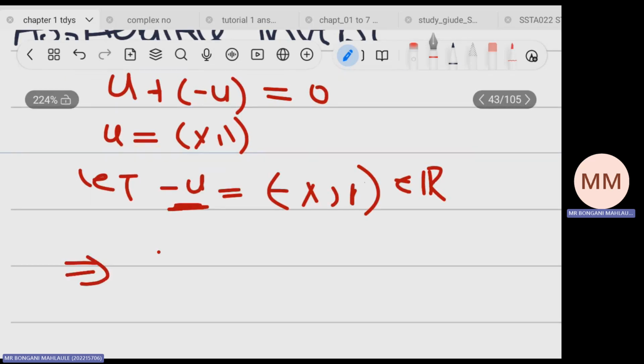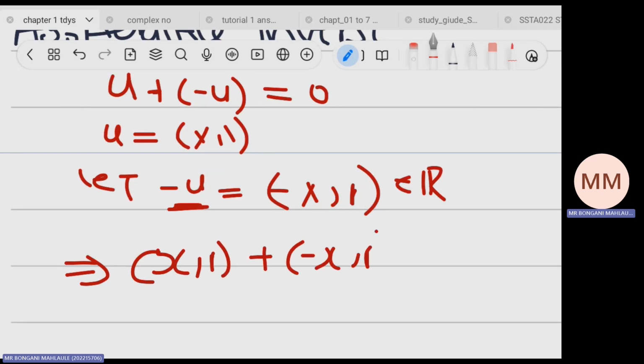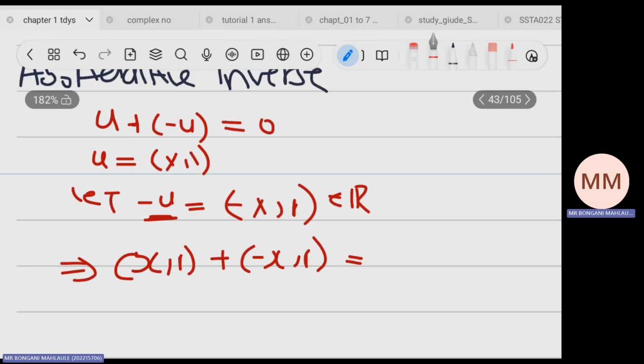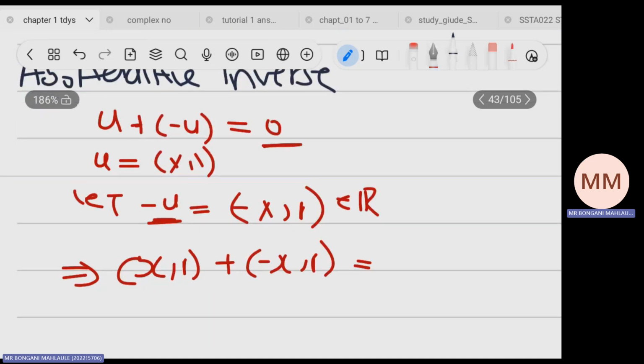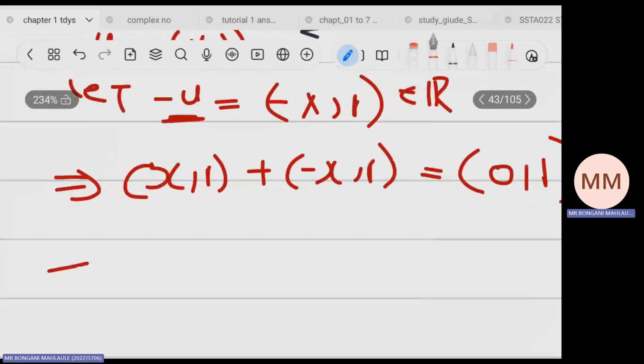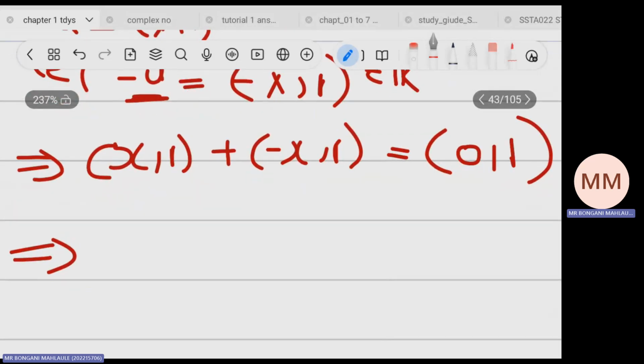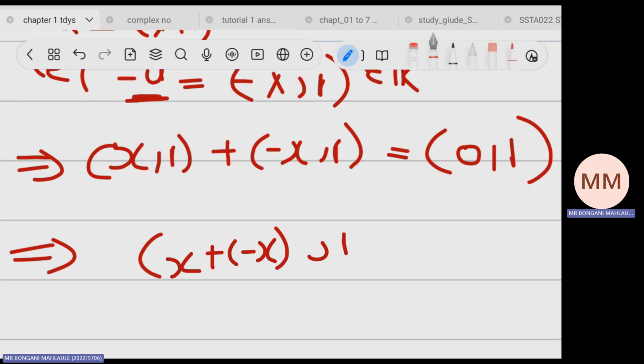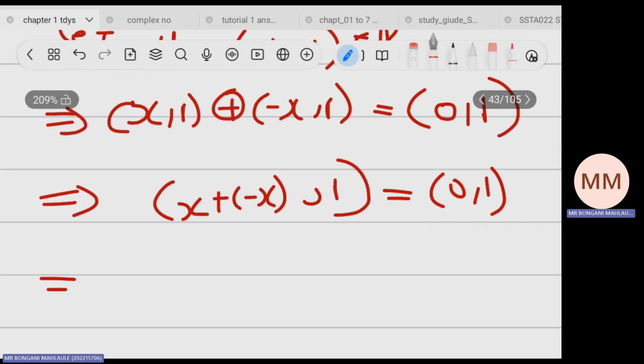Then this will imply that I'll have x comma 1 plus negative x and 1. So we already know what our identity element is, 0 and 1 from the previous step. Then this will imply that I'll just have x plus negative x and 1 when we perform the addition of this.